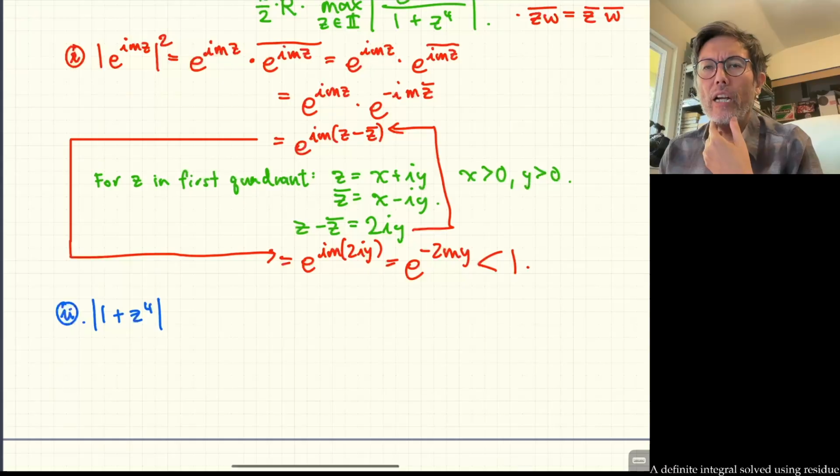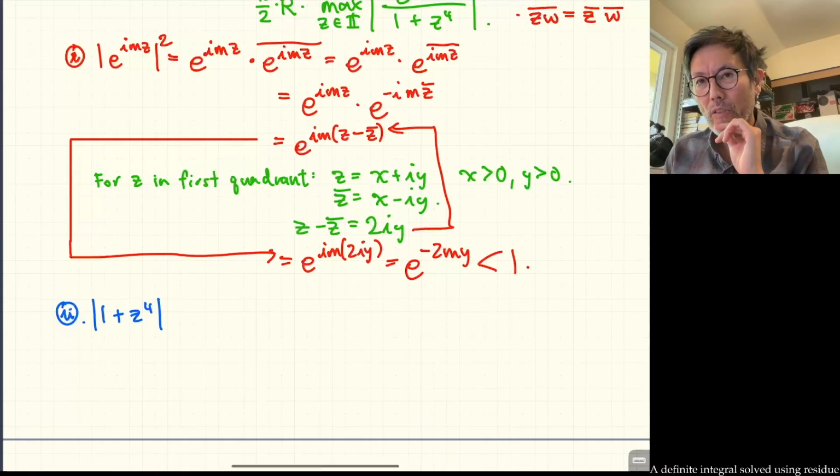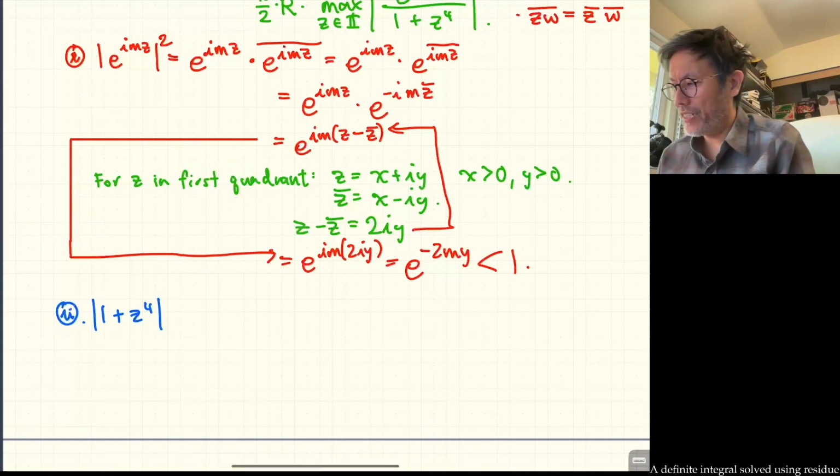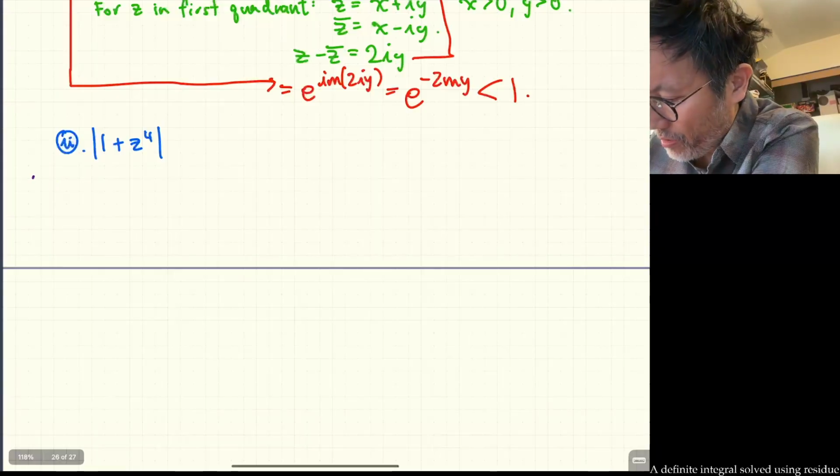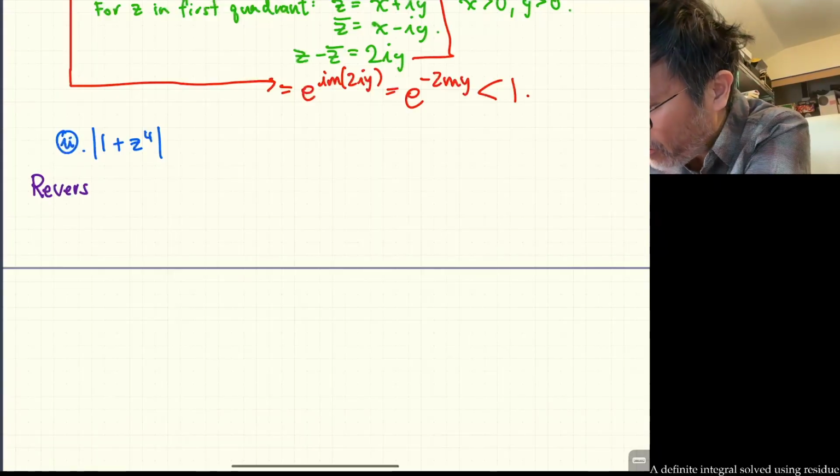I'm thinking about the denominator now. Here I'm going to use something which I don't think I've proved to you. I feel a little bit guilty, so I'm going to prove it now. I'm going to prove something called the reverse triangle inequality. I get a little mixed up about this, so please check me.